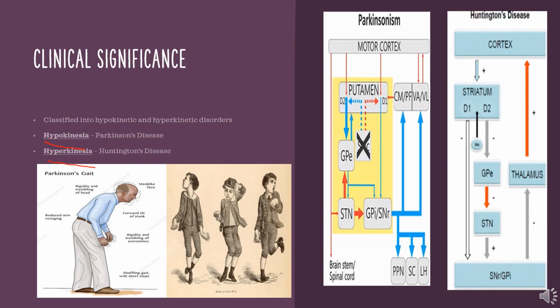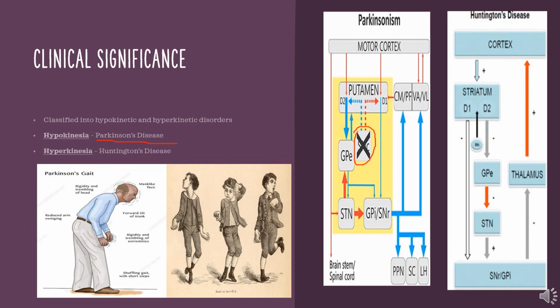An example for a hypokinetic disorder is none other than Parkinson's disease, which is described as degeneration of the dopaminergic neurons within the substantia nigra, resulting in a difficulty to initiate and maintain movements. The clinical syndrome of Parkinson's disease shows symptoms like tremor, rigidity, characteristic shuffling gait, and mask-like or poker face.